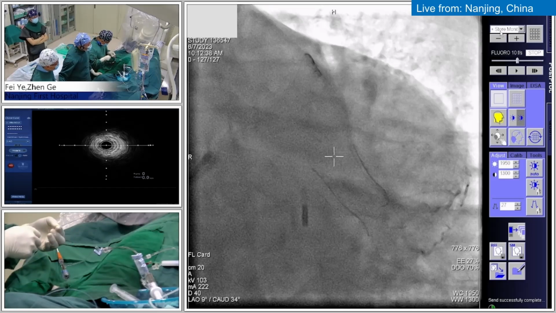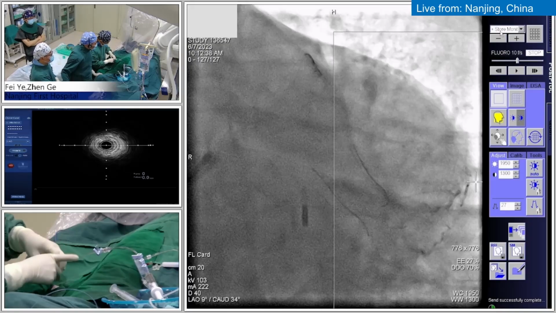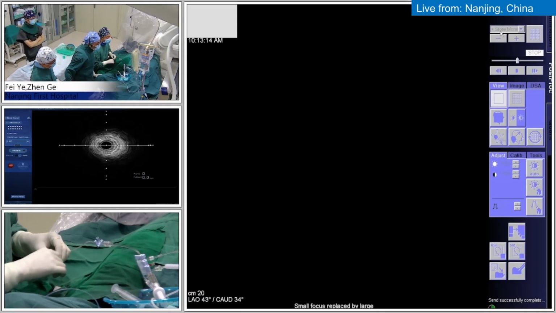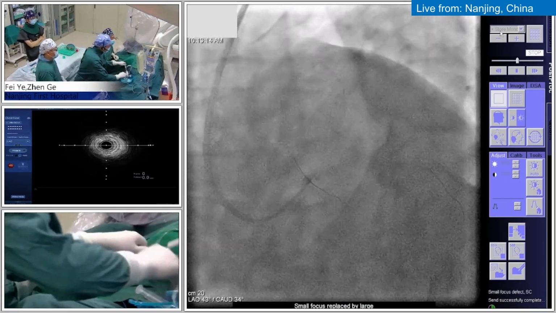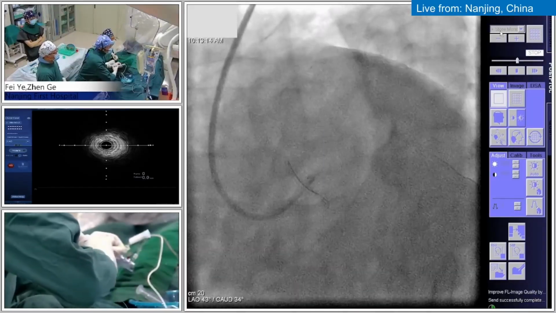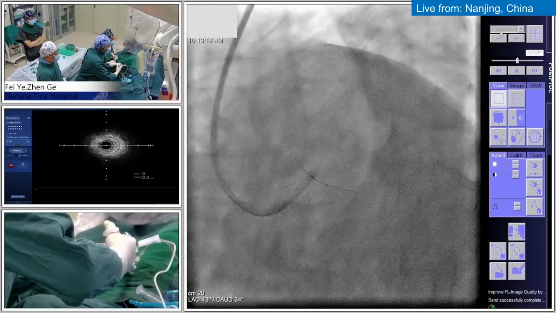Because of the very severe stenosis at the distal left main, will you pre-dilate the left main before IVUS checking? Probably I want to use IVUS to check the lesion first.